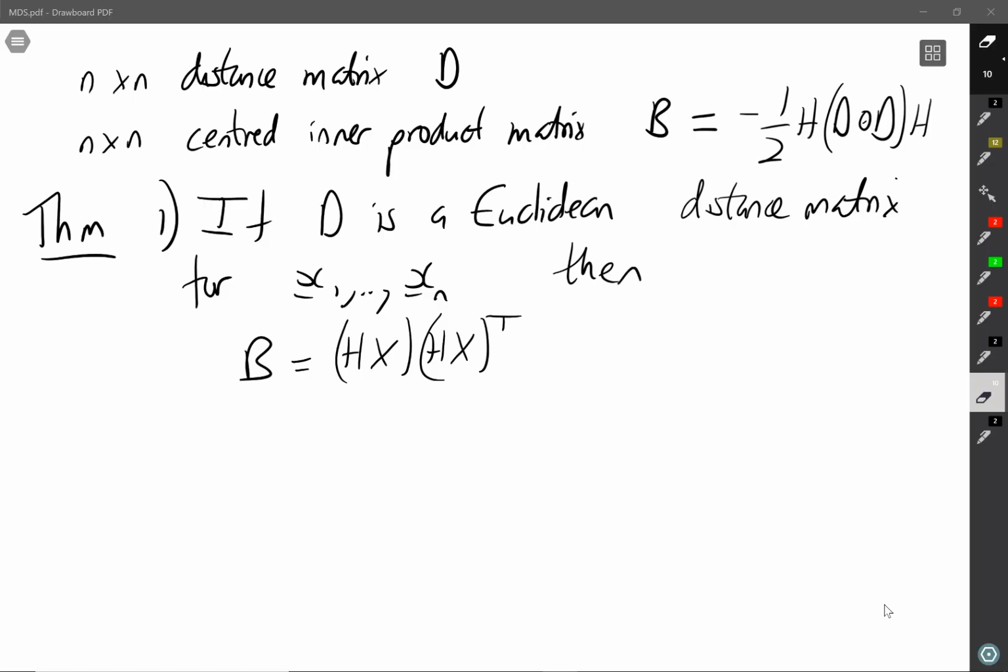Okay, so we're now going to state the main result that we're going to rely upon for classical MDS.